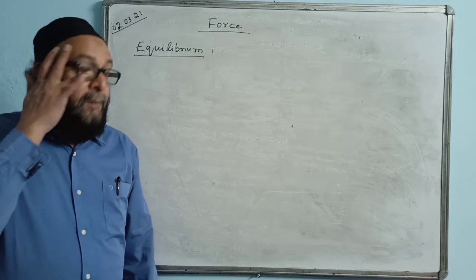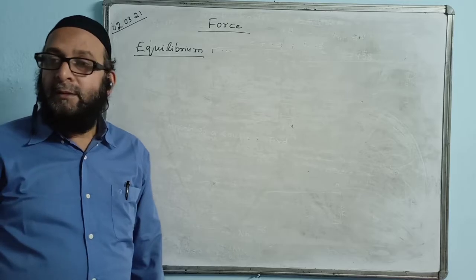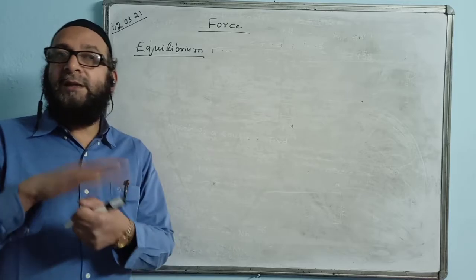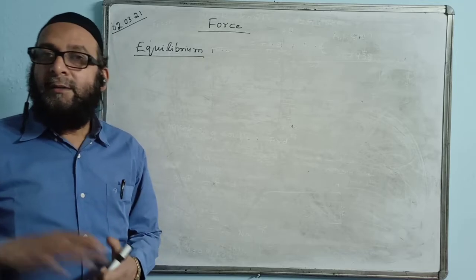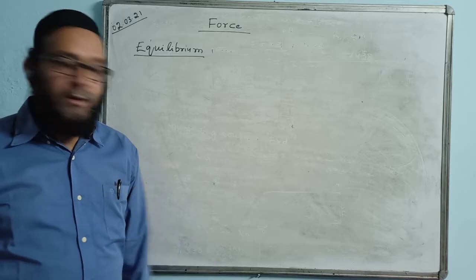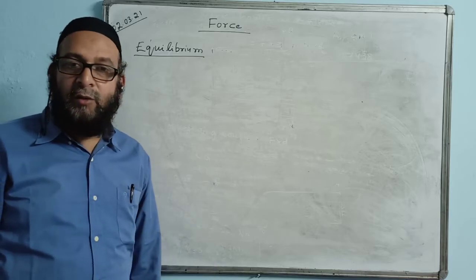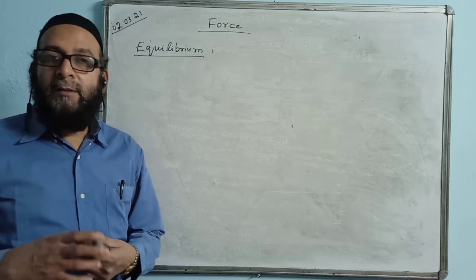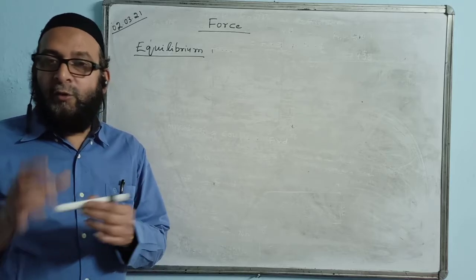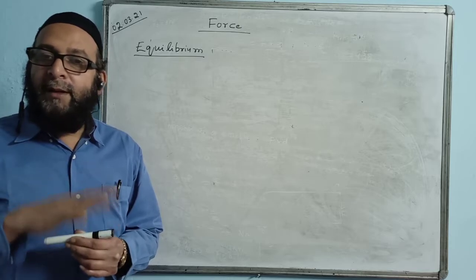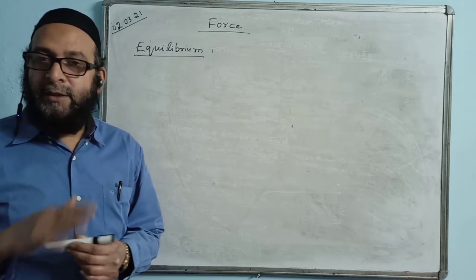There are two types of equilibrium: static equilibrium and dynamic equilibrium. What is static equilibrium? When the state of rest of the body does not change under a number of forces acting on it, then we say that the body is in static equilibrium. For an unpivoted body, when the total force acting on the body is zero, then the body will be in static equilibrium.